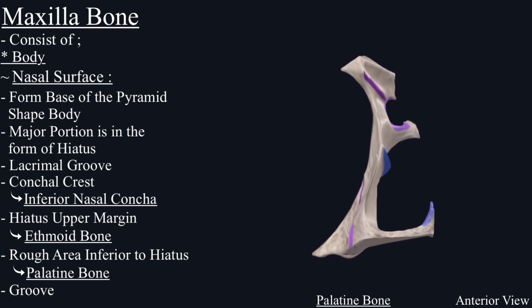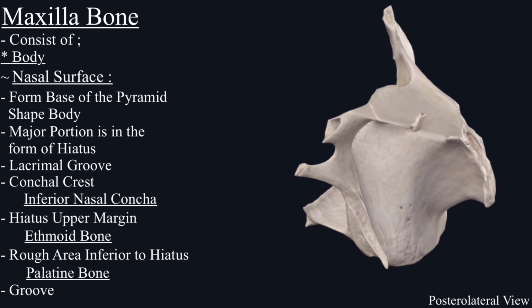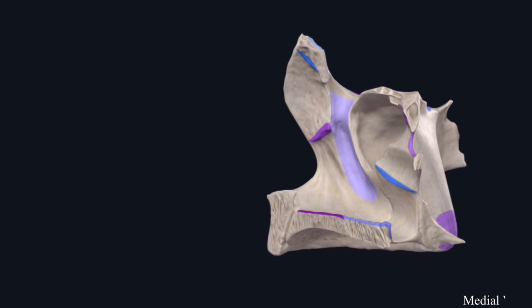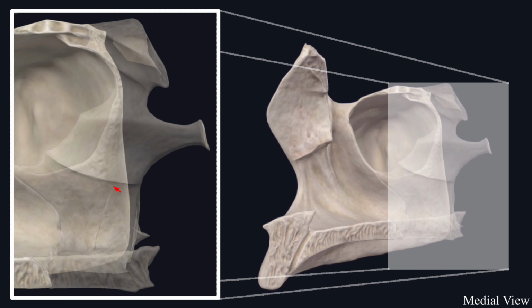Again, this is isolated palatine bone. Here is present groove on the perpendicular plate, which will join groove on the maxilla bone, and together these two grooves form greater palatine canal, which is slightly difficult to appreciate here. In the medial view, I have made the palatine bone slightly transparent, so you can appreciate the greater palatine canal.